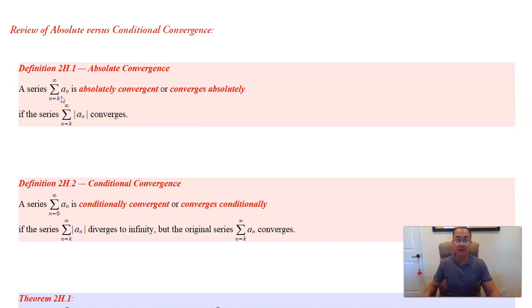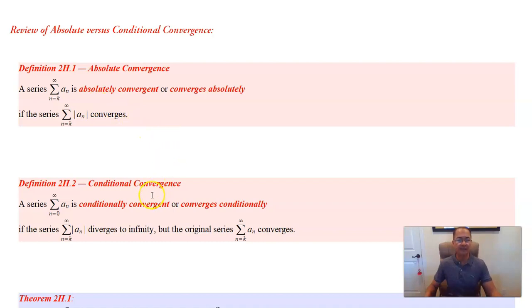The original series could be alternating, for example, or in general sometimes positive, sometimes negative. Take the absolute value of all the terms, use that to form a new series, and then ask yourself, is this series convergent? If so, your original series is said to be absolutely convergent.